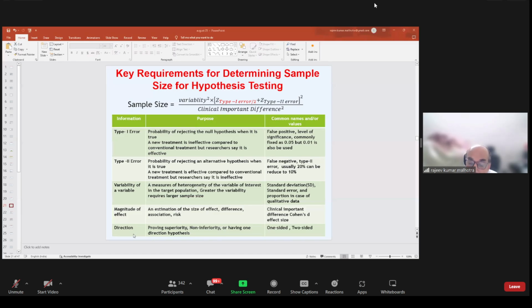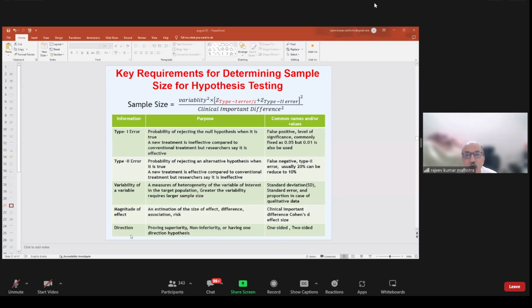But if you have proven literature, you can take the one-sided study, for example non-inferiority. In a non-inferiority trial, our new treatment cannot be worse than the standard treatment, so you can take one-sided. Or in a superiority trial, where you find that the new treatment is always better than the standard treatment, you can go for the one-sided.